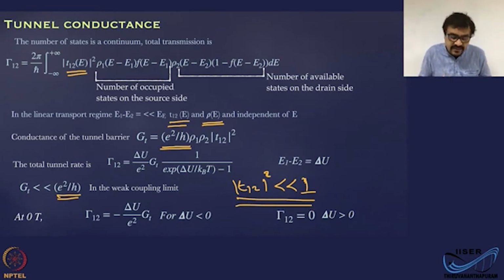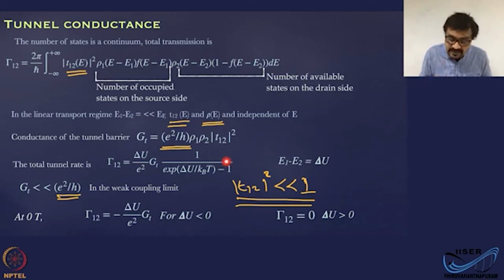And at zero temperature, this term gamma 12 is equal to minus delta U by e squared into GT. Okay, but delta U, the energy gain, is a negative quantity. That is the zero temperature limit.